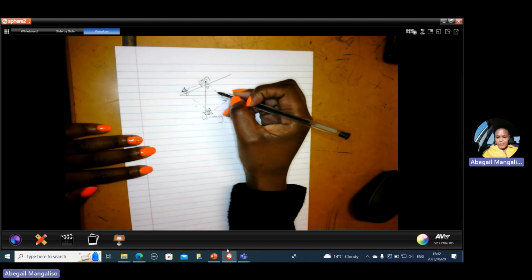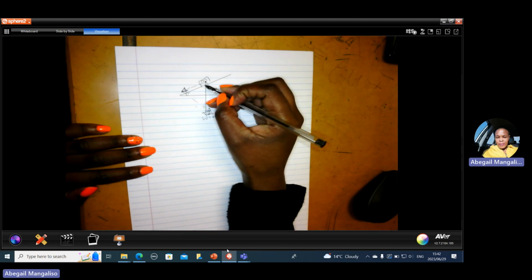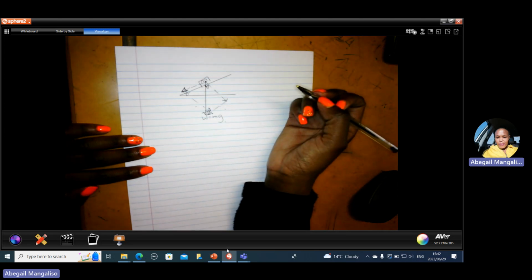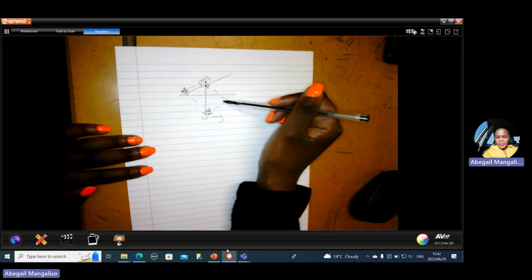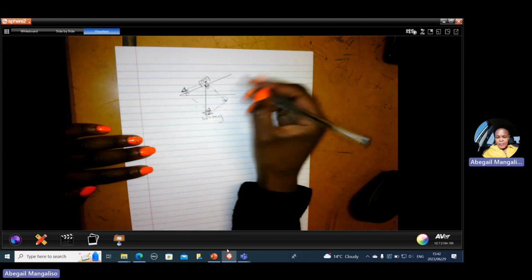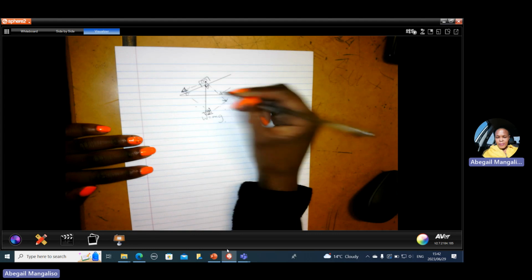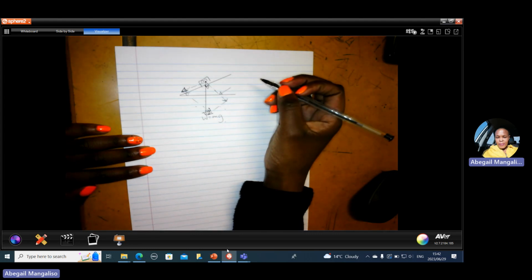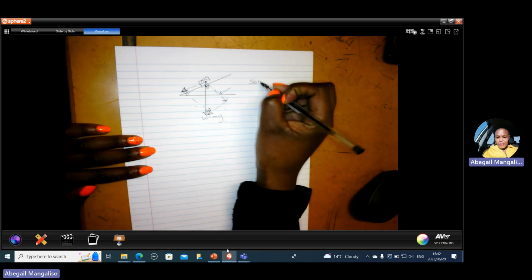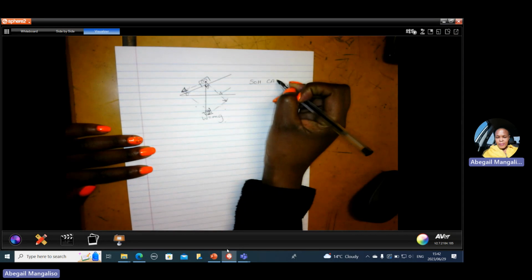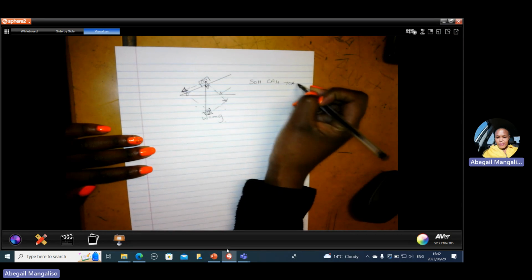Now, since gravity is acting on the object, these two components are called the gravitational components. The one that makes 90 degrees with the plane is the gravitational component perpendicular to the plane, and the other is parallel to the plane. To get what is represented by it, we use SOH CAH TOA.